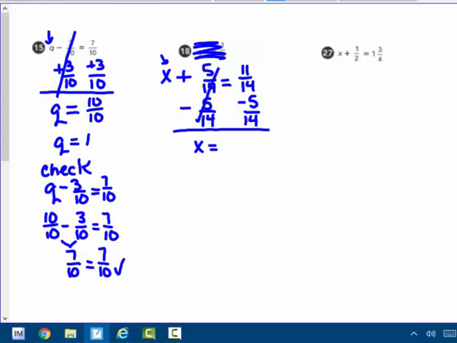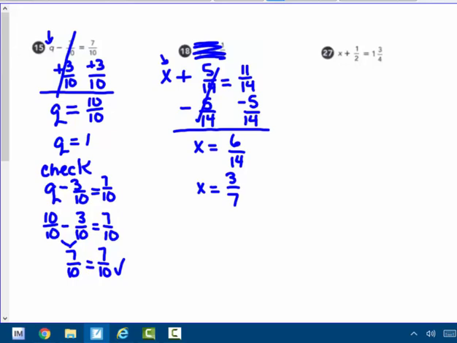Take away 5/14 is 6/14. I don't know what's happening with my smartboard there, but it's got to be in lowest terms. So 6/14, lowest terms. Sorry about that. It's 3/7.